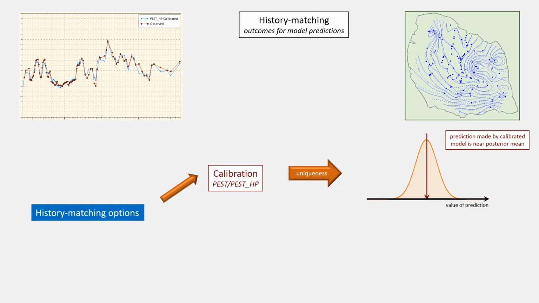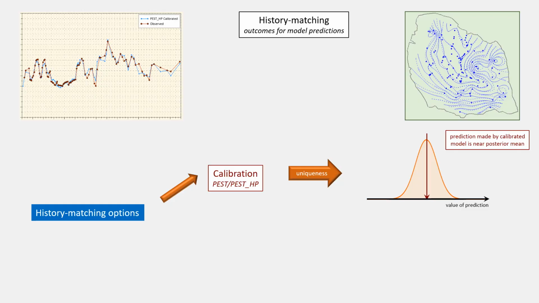There's many ways of looking at this. Another way of looking at it is to say we're seeking the simplest way to fit the data, or we only want heterogeneity to arise in ways that are supported by the data, nothing made up. Now, if we do everything correctly, it can be shown that if we then use that calibrated model to make predictions of system behavior, those predictions will have minimum error variance.